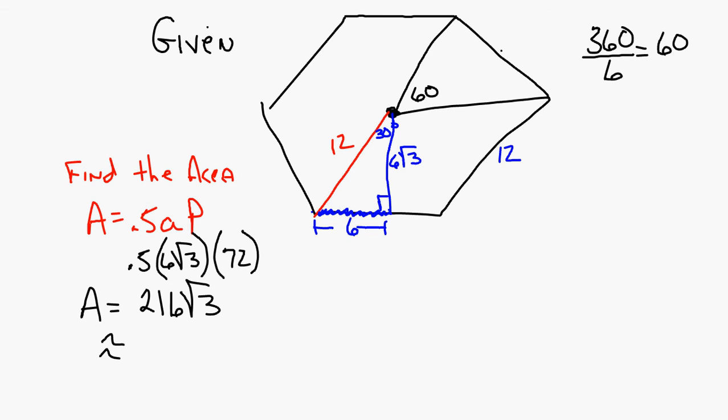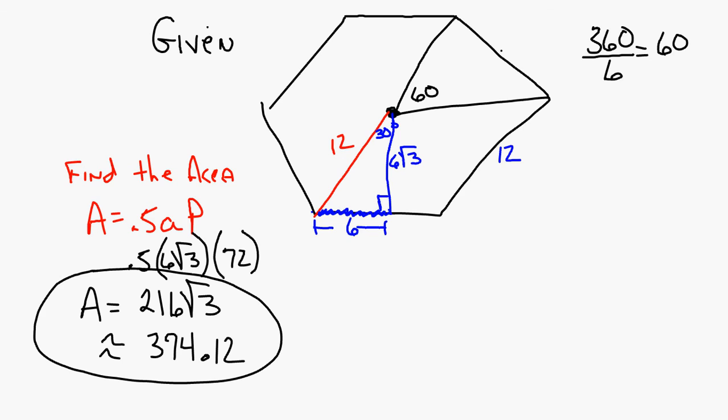You could push times 3, square root button, and equals. And 374.12. All right, so there's your area in simplest radical form, and your area rounded to the nearest hundredth.